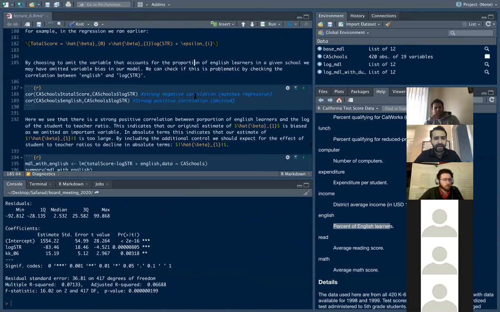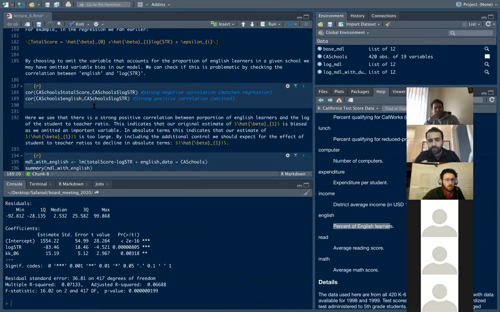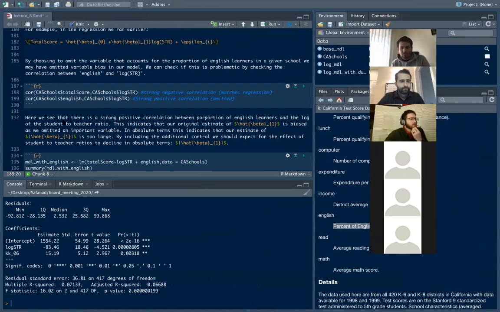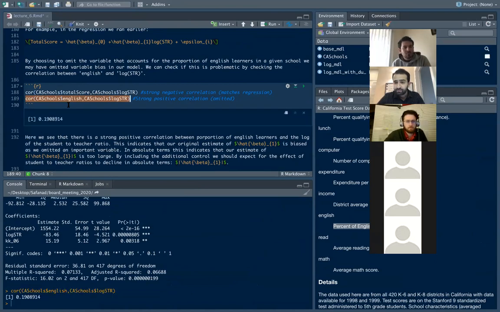The variable we're going to add in is the proportion of students that speak English at the school. Okay, so first thing we can check is, well, what's the simple correlation between English and the student to teacher ratio? The log of the student teacher ratio, a variable we chose to leave out. We chose to leave out English, right? The correlation is 0.2. Is that a lot?